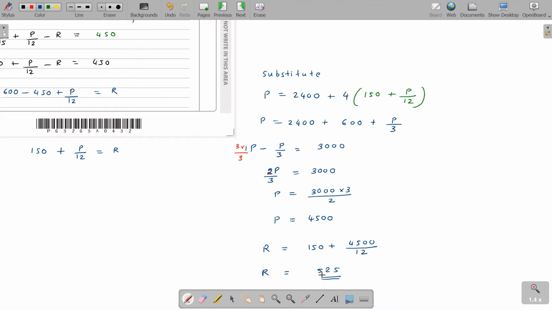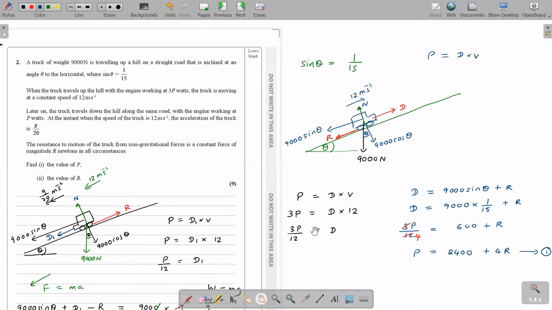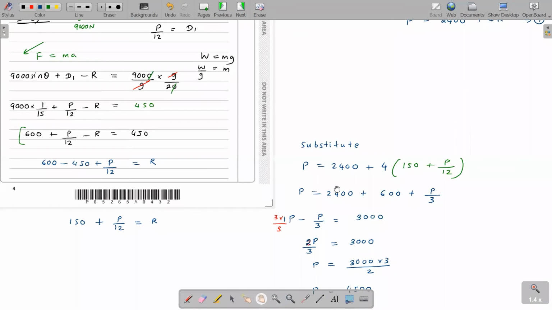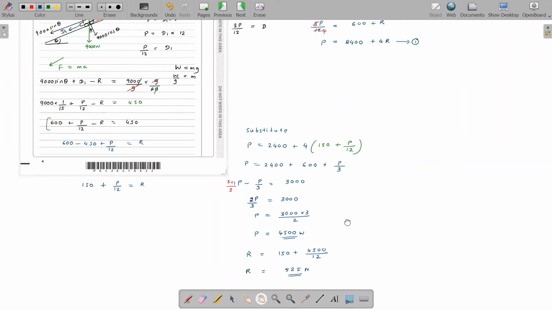You can leave your answer in 2 SF, or 3 SF is better. So R is 525 newtons. P was the value in watts, right? So P is in watts: 4,500 watts. Are you okay with the answer? I hope this is clear with everyone.